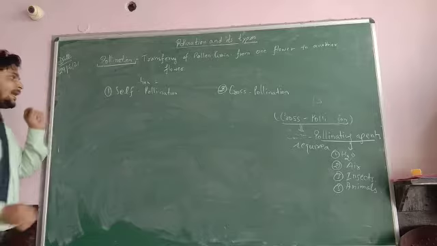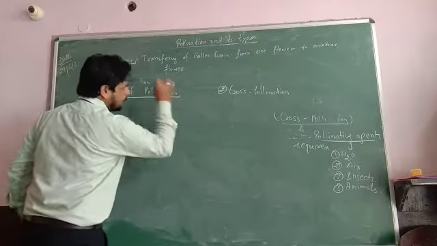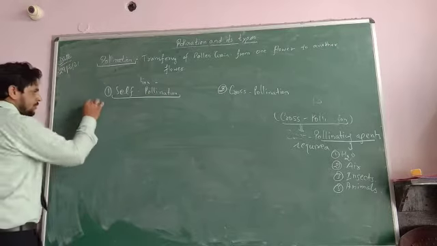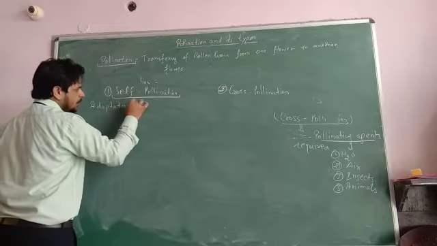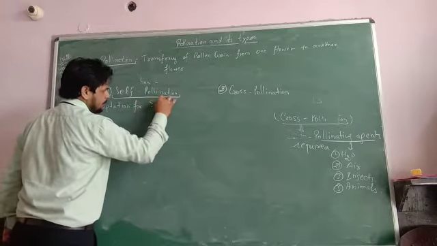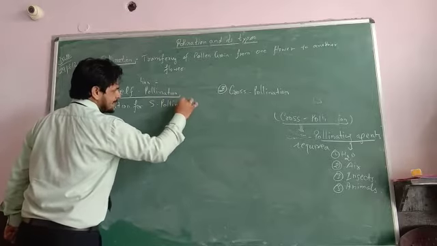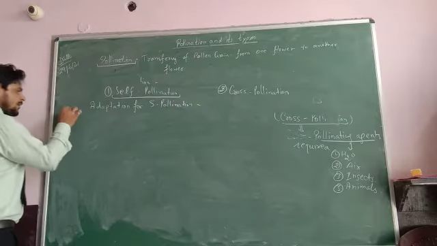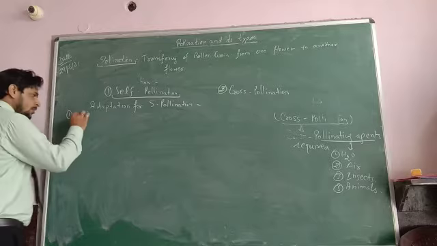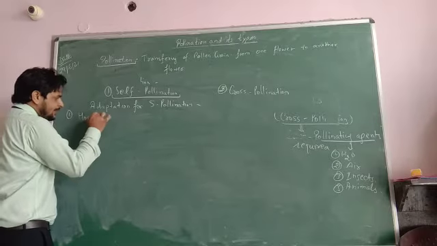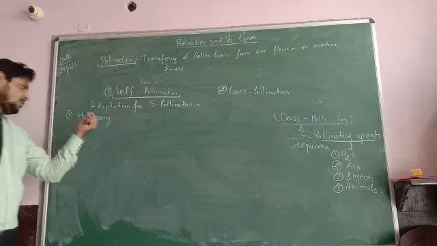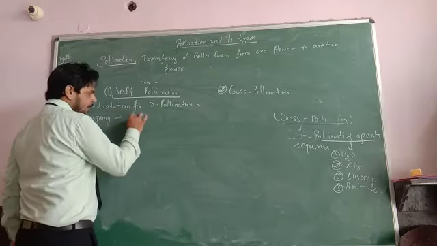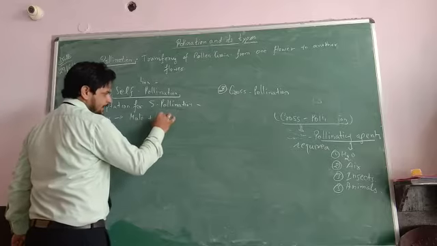What are the adapting features in the flower which show self-pollination? The first one is homogamy. Homo means same. It means the male and female reproductive parts are present on the same flower.